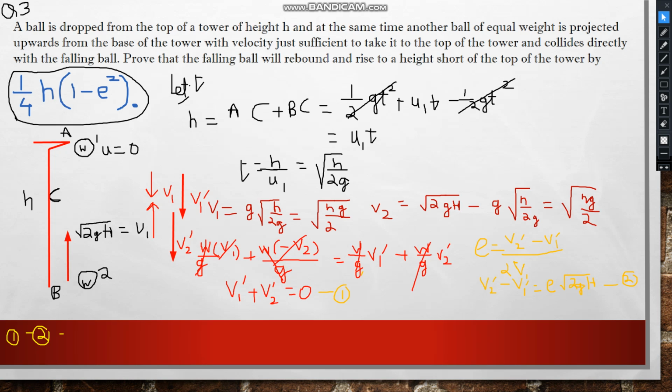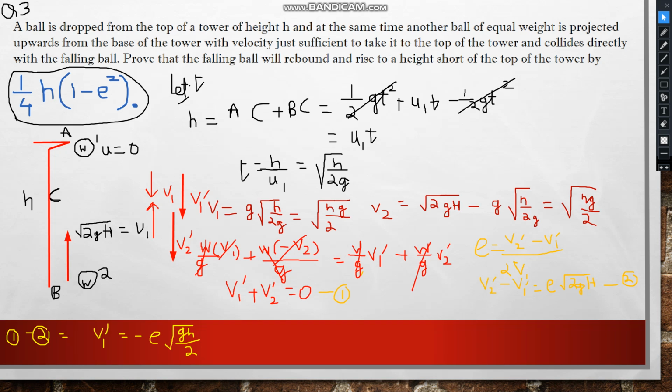We will have the value of v1 dash, which will be equal to minus of e times root gh by 2. This is our another conclusion.